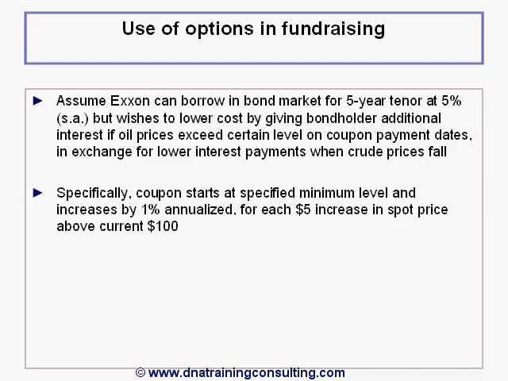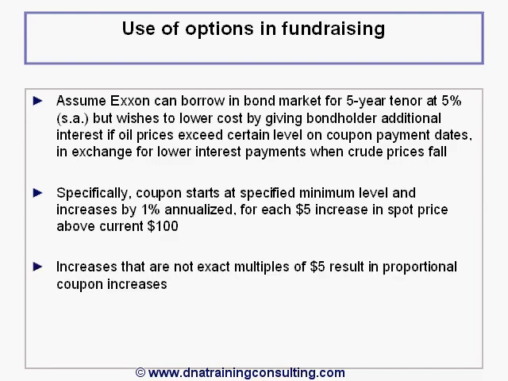Specifically, the coupon starts at some specified minimum level and increases by 1% annualized for each $5 increase in the spot price above the current 100. Increases that are not exact multiples of $5 result in proportional coupon increases.